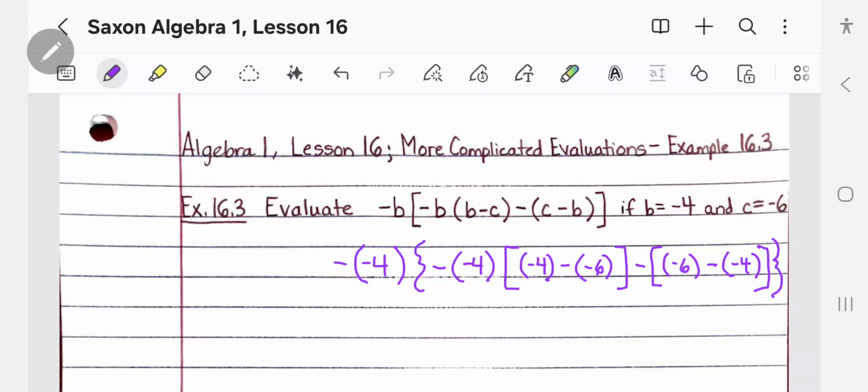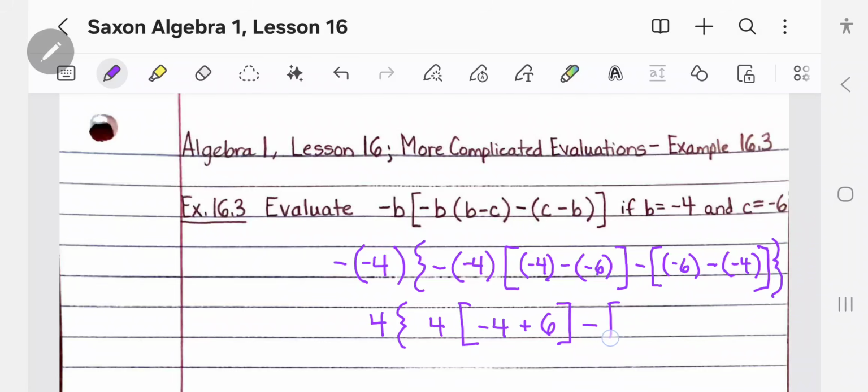Okay, now let's try to simplify it a little bit here. We can see that the opposite of -4 would just be +4. Okay, and then again, opposite of -4 would be +4. And inside of those brackets, I have -4, and this is adding to it the opposite of -6, which would be a +6.